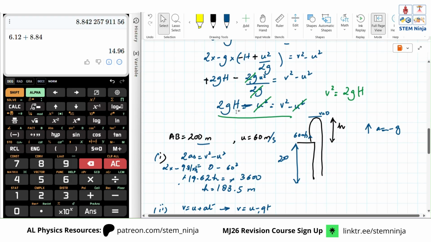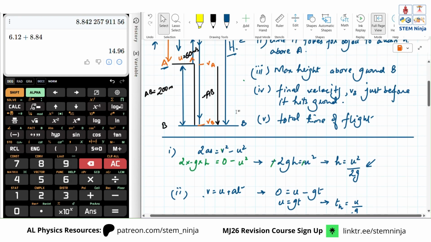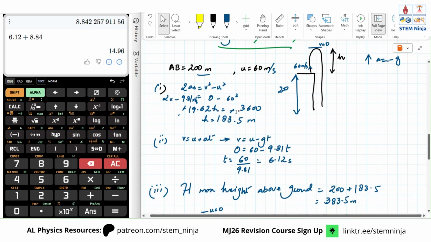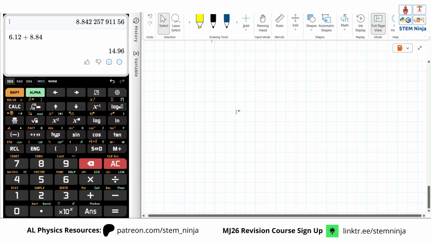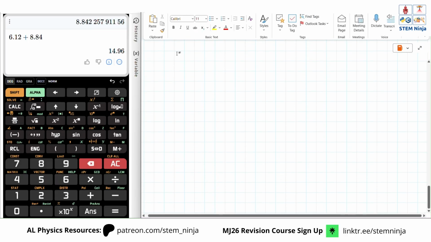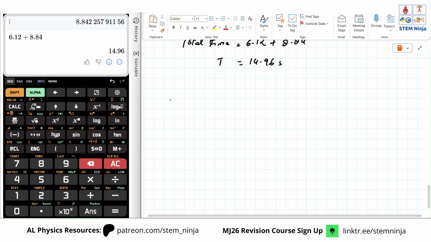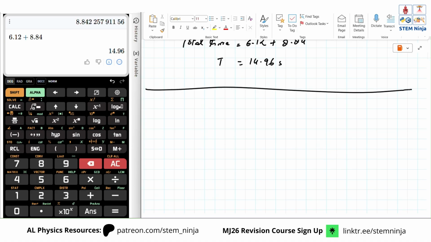Now, let's take this forward into projectile motion, because if we understand this, we can understand projectile motion much better.